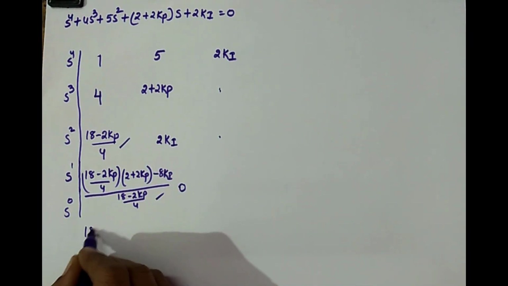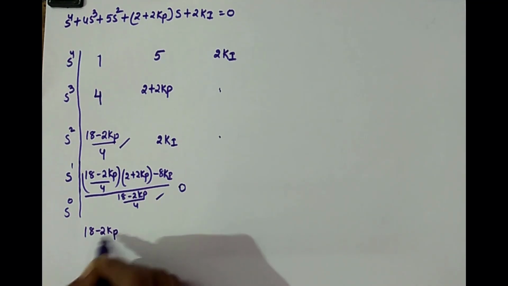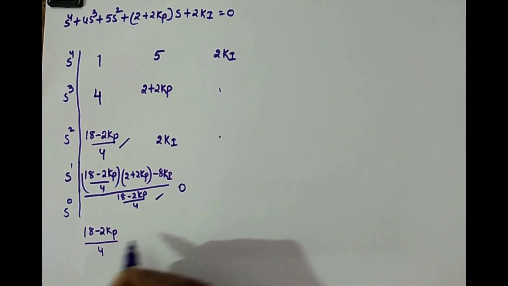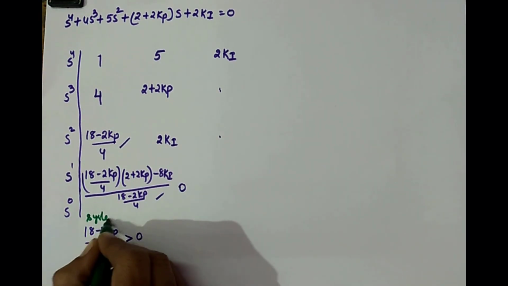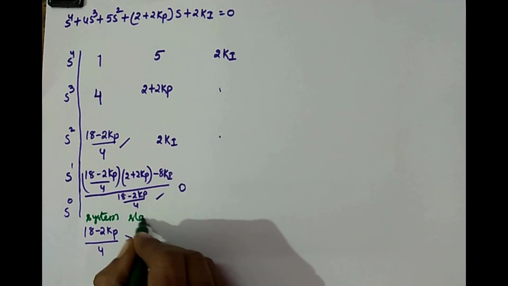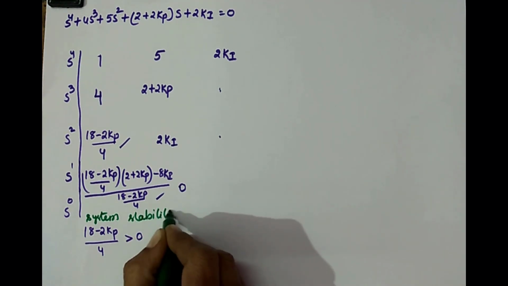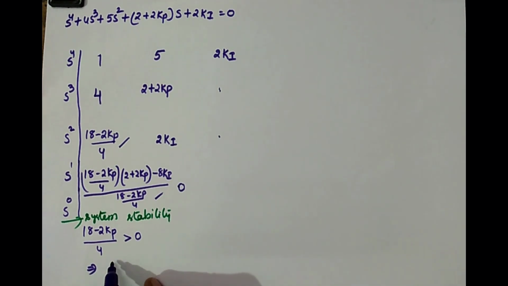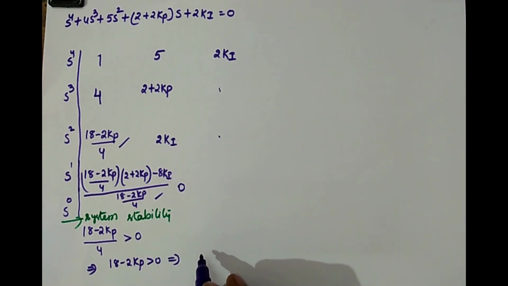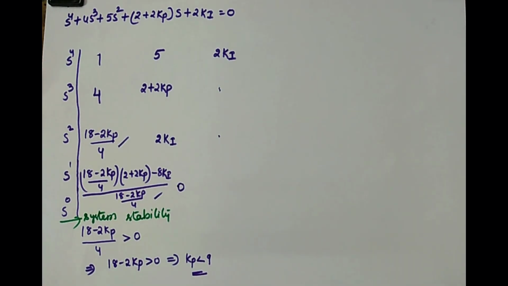First, (18 minus 2 Kp) by 4 must be greater than 0 for system stability. This implies 18 minus 2 Kp is greater than 0, which implies Kp is less than 9.